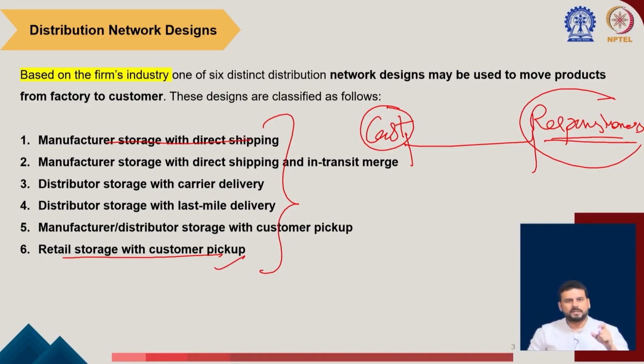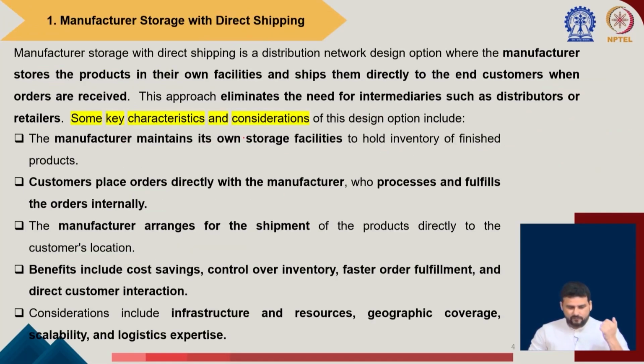So we will discuss all these 6 network designs in detail: what are the main points you need to consider as far as cost is concerned, as far as those performance parameters are concerned, right, and then we will finalize depending upon the industry nature which design you should go for, right.